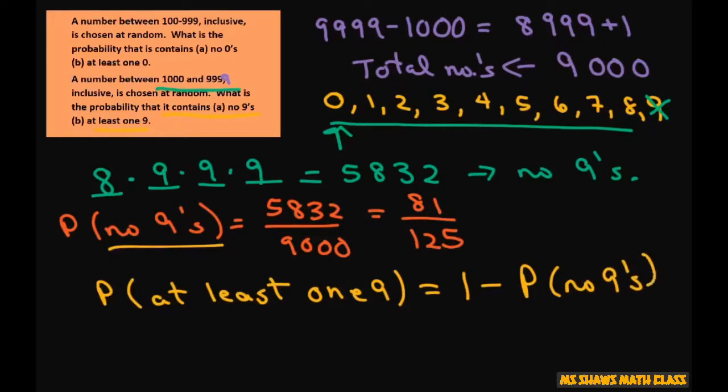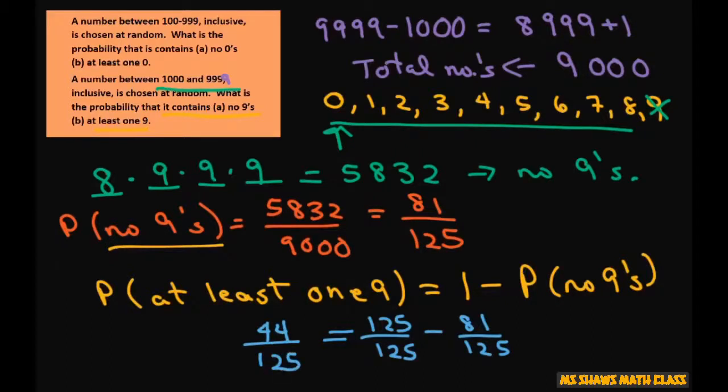All right, so that's going to be 1 minus 81 divided by 125. And again, what I like to do is change this 1 to 125 divided by 125, or just use a calculator. And I'm going to subtract and put it over here. And that's going to give you 44 divided by 125.